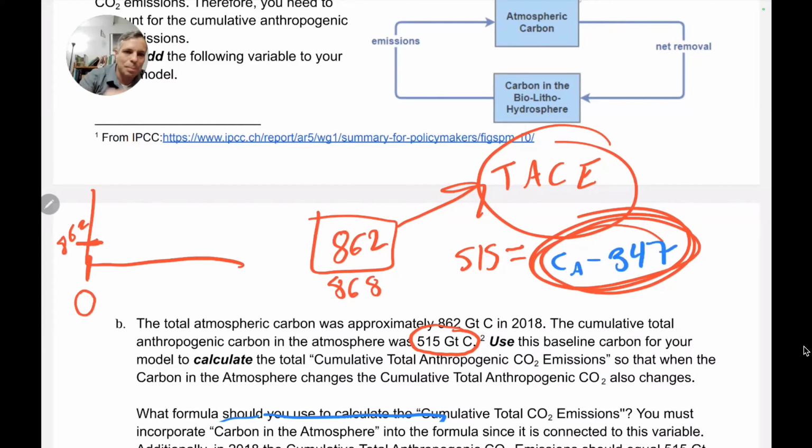So what does that 347 actually mean? It means if there weren't any anthropogenic carbon, then there would be 347 gigatons of carbon in the atmosphere. So if the carbon in the atmosphere was 347, minus 347, your total anthropogenic carbon emissions would be 0. Some students figure it out, some struggle.